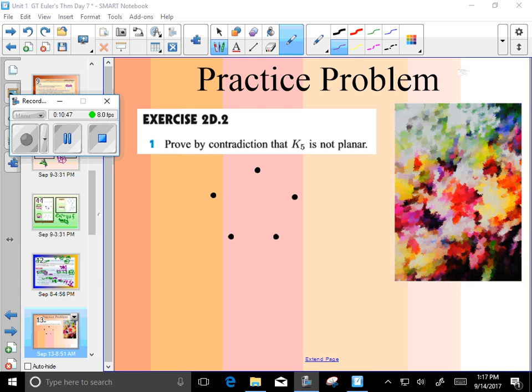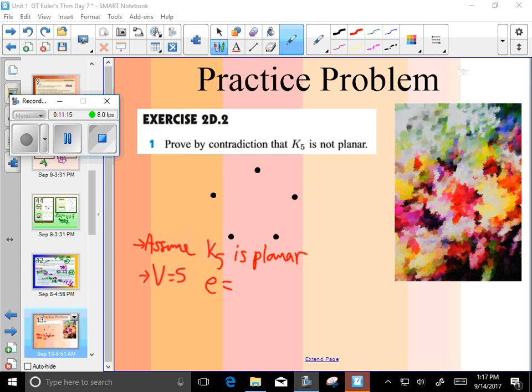So for this one, the first step, we're going to assume, don't abbreviate that, assume K5 is planar. And then how many vertices is this? 5. How many edges will that be?